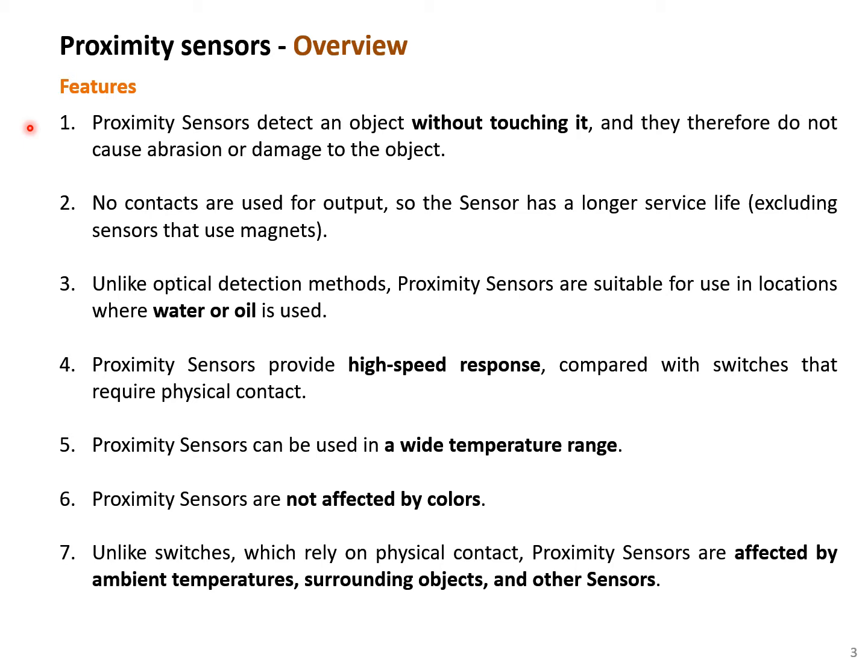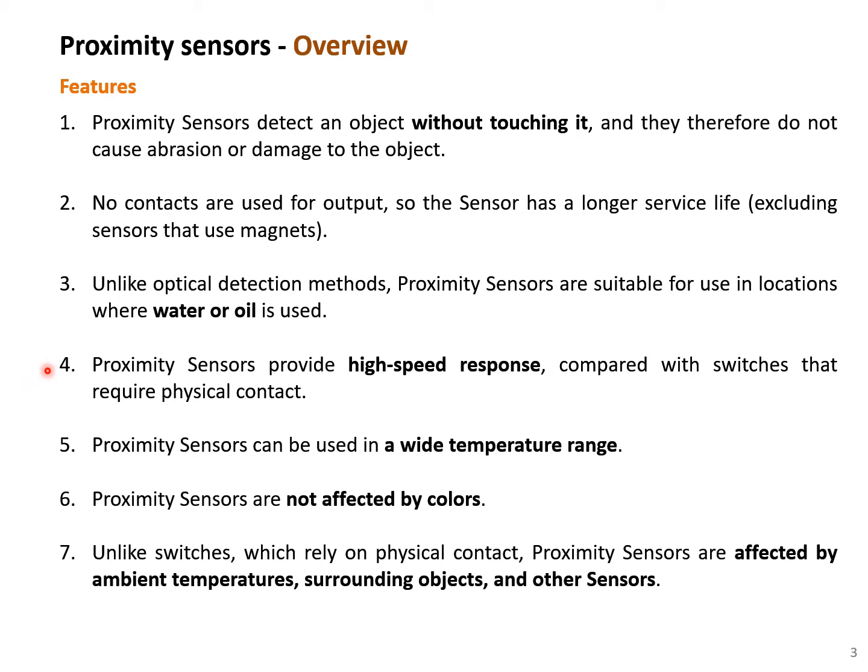Proximity sensors detect an object without touching it, and they therefore do not cause abrasion or damage to the object. No contacts are used for output, so the sensor has a longer service life, excluding sensors that use magnets. Unlike optical detection methods, proximity sensors are usable in locations where water or oil is used.